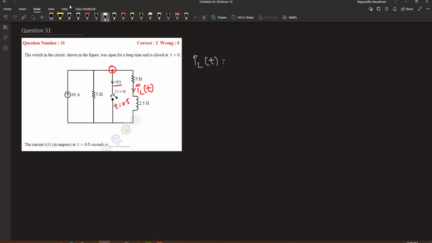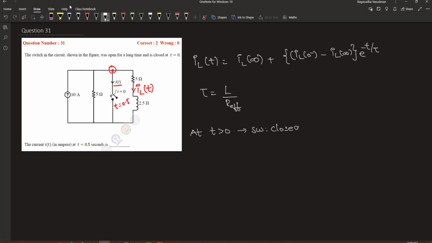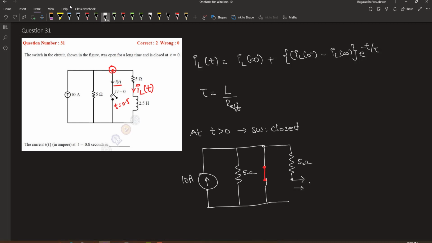IL of t is given by IL infinity plus IL 0 minus IL infinity into e to the power minus t divided by tau, where tau is the time constant, which is equal to the inductance divided by the effective resistance. At time t greater than 0, the switch is closed. Therefore, the circuit becomes this, and to this we will plug in the inductor of 2.5 Henry.